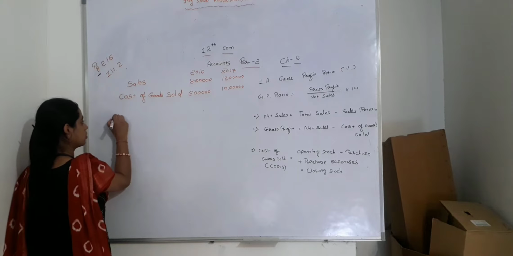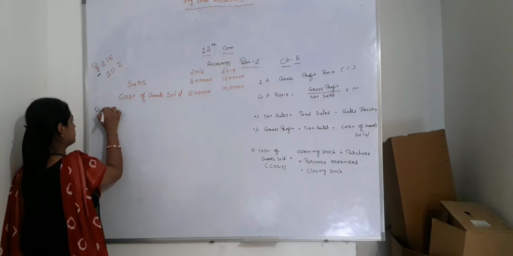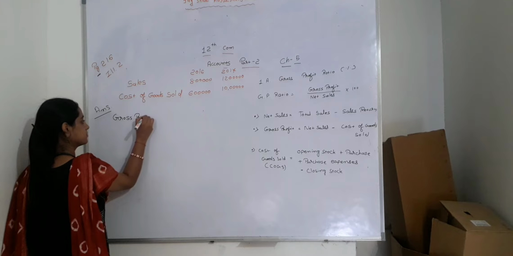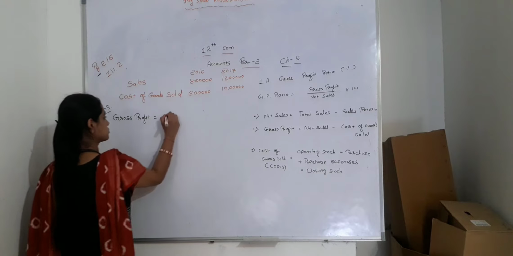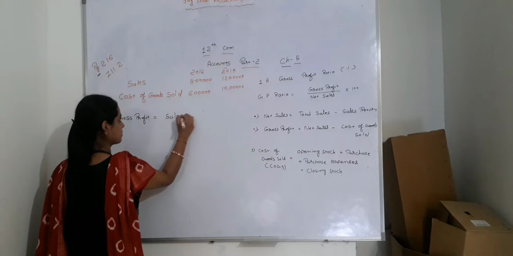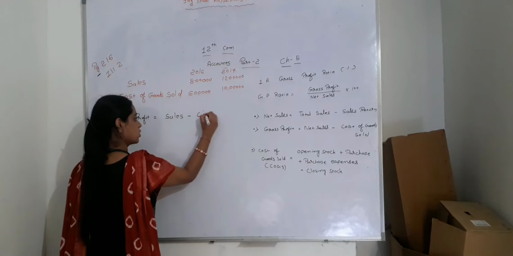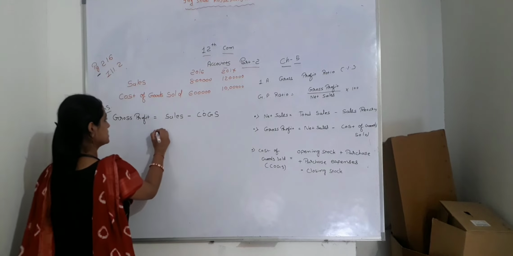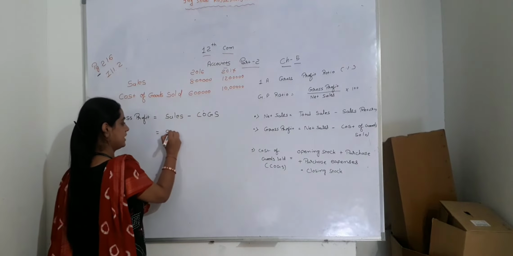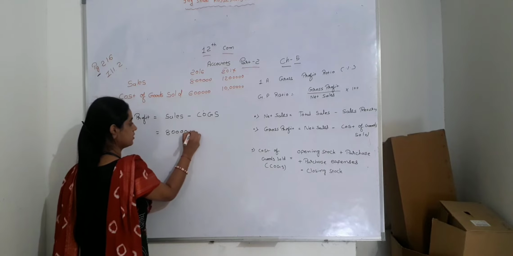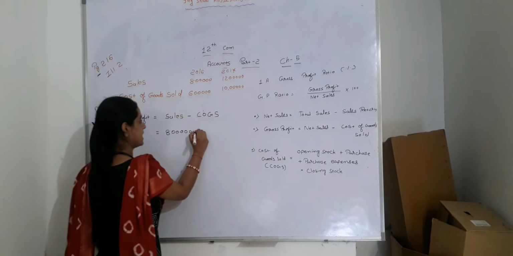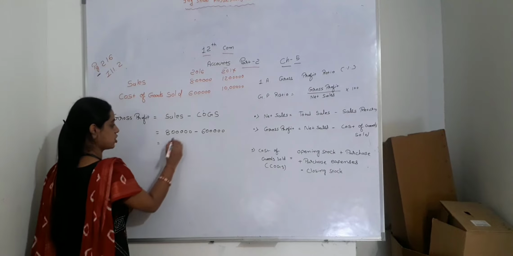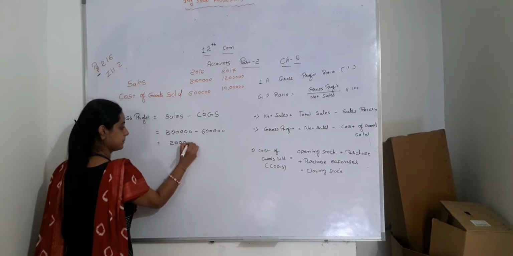So, answer: gross profit is equal to sales minus cost of goods sold. In short, COGS. Sales is 8 lakh and COGS for that year is 6 lakh. That means our gross profit for 2016 is 2 lakh.